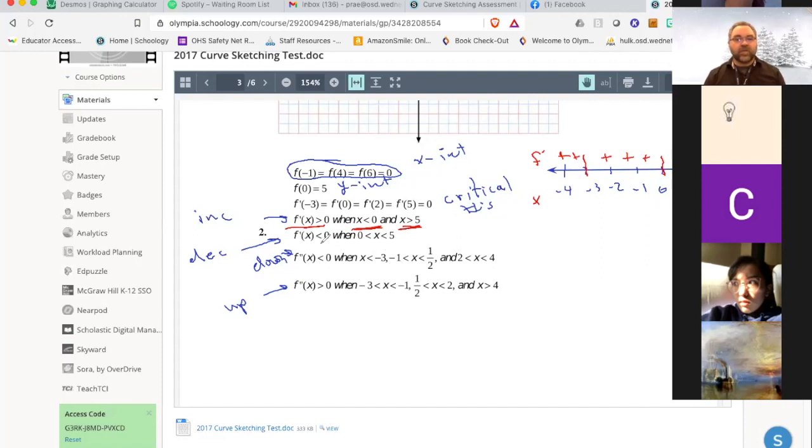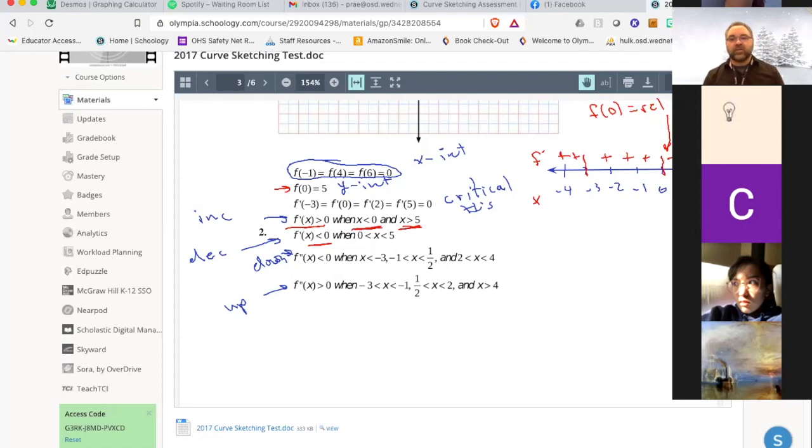And f' is less than 0 between 0 and 5. So decreasing in here. Look, right here at x equals 0, f(0) is a relative maximum. We know that f(0) is 5, so that's going to be a relative max.